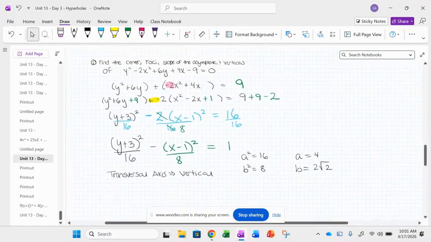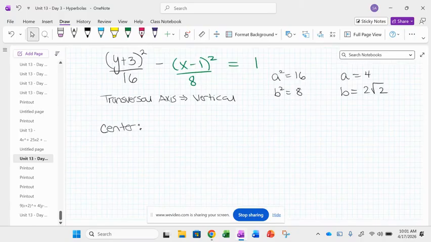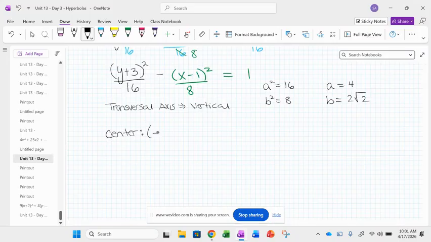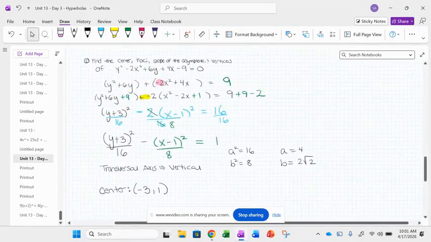Okay, let's see what I was asking for. Find the center. You tell me, what's the center here? You got it, negative 3, 1. And then I said find the foci.